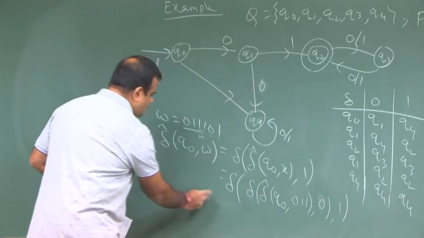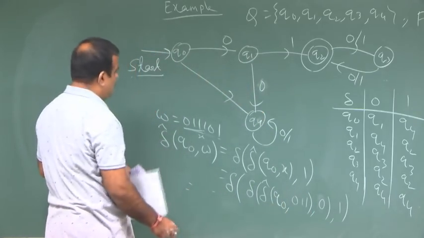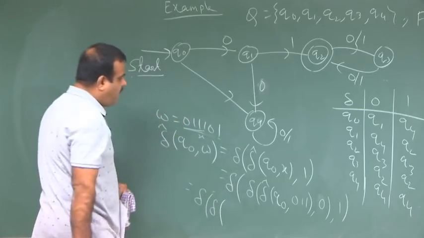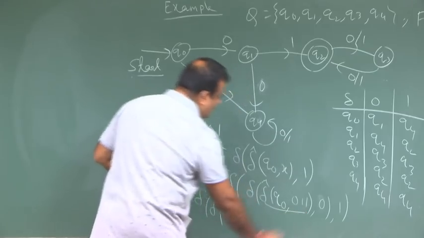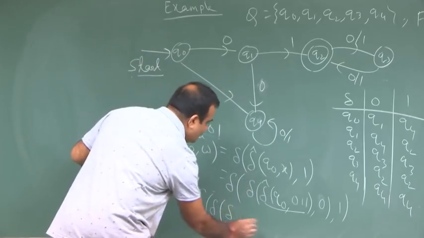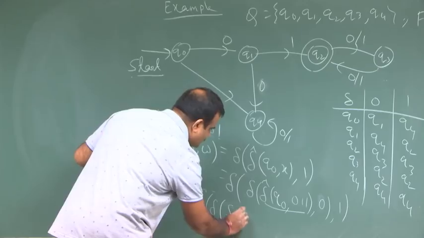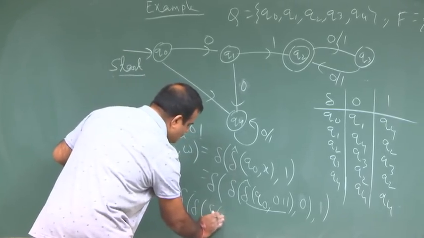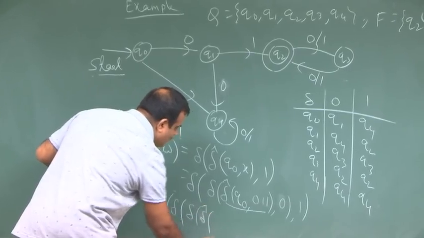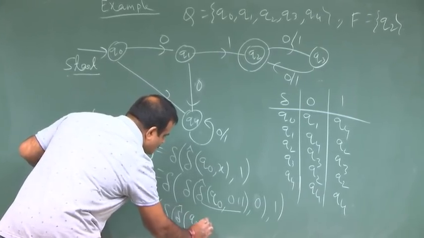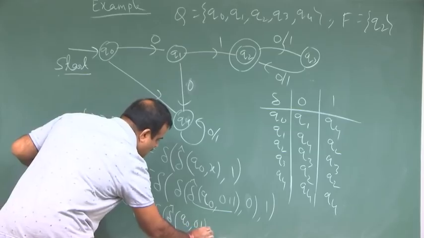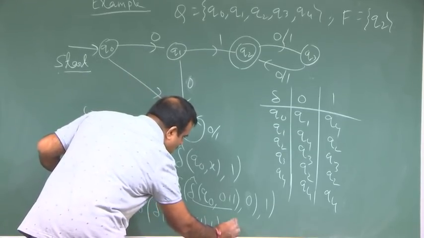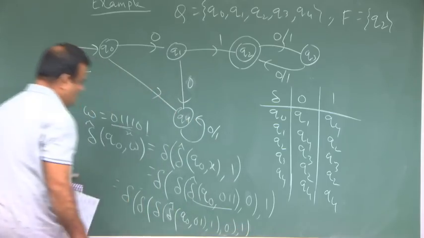If we continue this way, the delta hat again we can define as delta of delta hat of q0, 0 1 0 1, comma 1, then comma 0, then comma 1.